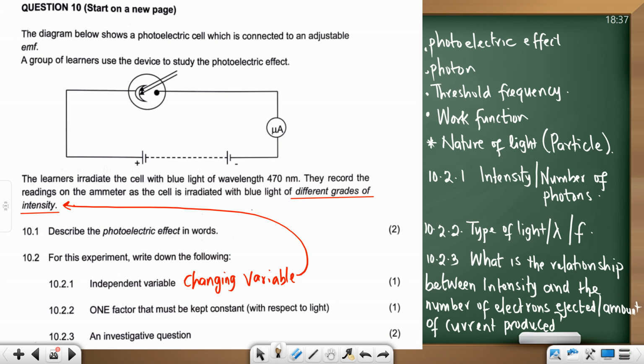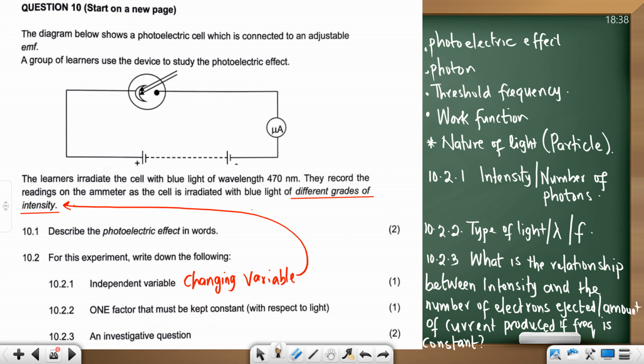If frequency is constant, I want us to mention all the variables: controlled, independent, and dependent. If frequency is kept constant, I hope that makes sense to us.